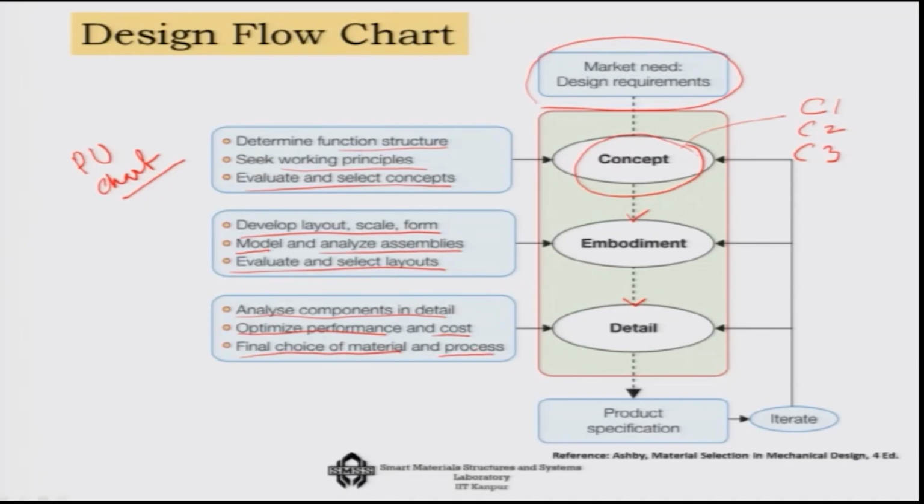So, when we are at the conceptual stage, generally we do not select the material, but at the embodiment stage we have many candidate materials. So, at this stage we have many candidate materials, and when we are doing the detailed design, here we finalize the material selection.